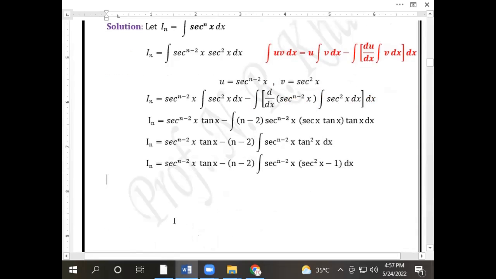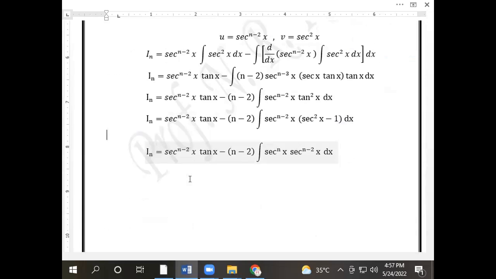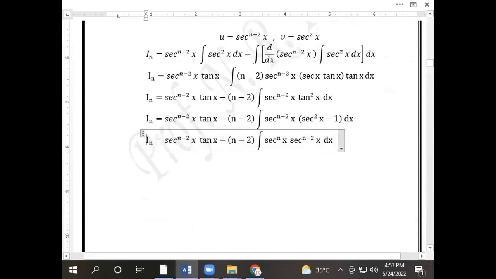Multiplying sec raised to n minus 2 into the bracket, we get sec raised to n minus 2 of x into sec square x becomes sec raised to n, and a minus sign is present, so minus sec raised to n minus 2 x dx. This is the integration in which two particular terms are present, so we make the separation.